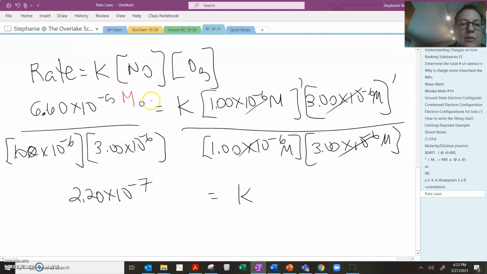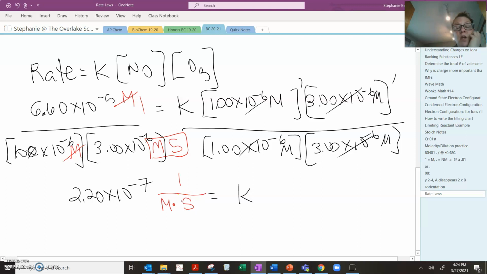I'm going to stick that per seconds right down here, because that's what that is. All right, so now I'm just going to cancel. I have 1 molar here and 1 molar here. So when this goes away, I'm left with a 1. And so my unit is going to be 1 over molar seconds. And that's the unit of K.